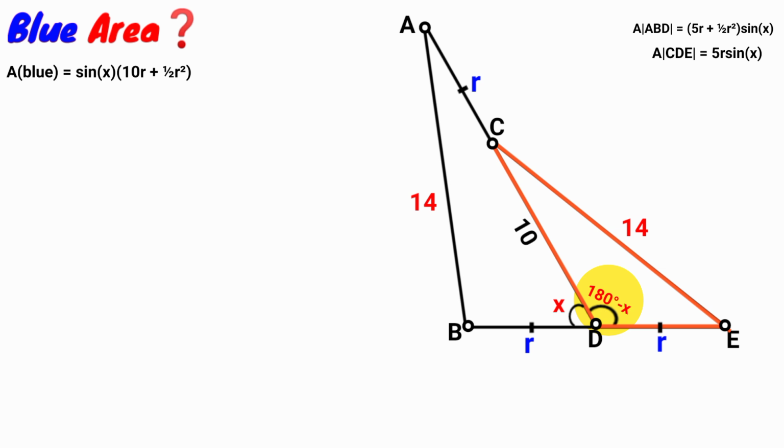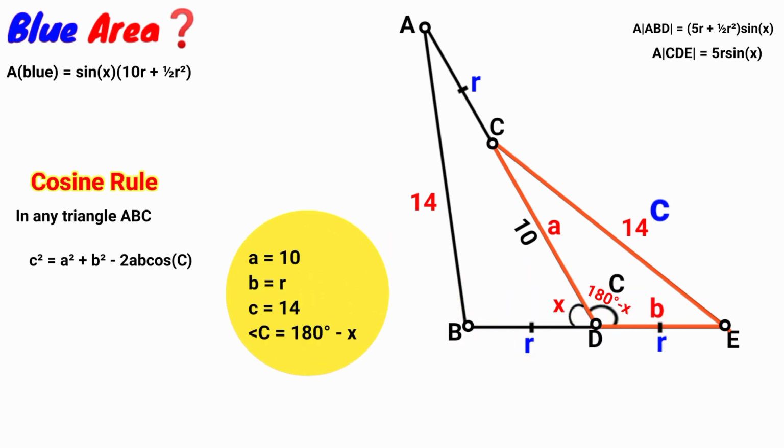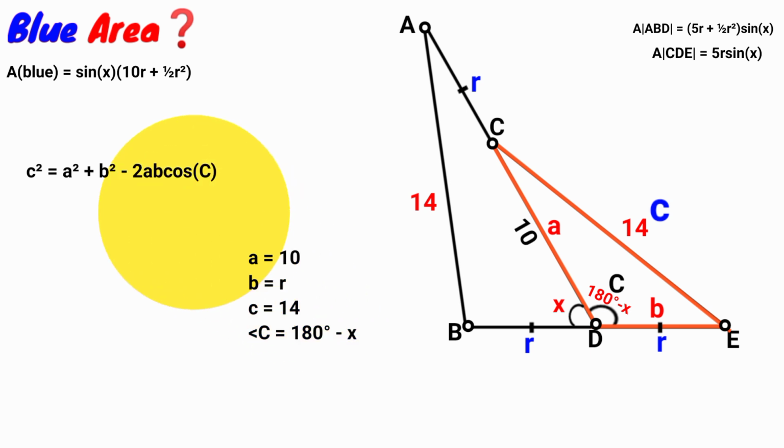This angle which is facing it has its size to be 180 degrees minus X. We can use the cosine rule, by which in any triangle ABC, C squared equal to A squared plus B squared minus 2AB cos C. We know angle C is the angle facing side C. So if we let this be side C, this must be angle C. Assuming this is A, this must be B. So A equal to 10, B equal to R, C equal to 14, and angle C equal to 180 degrees minus X. Substitute it here.